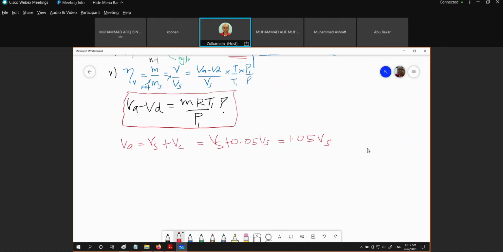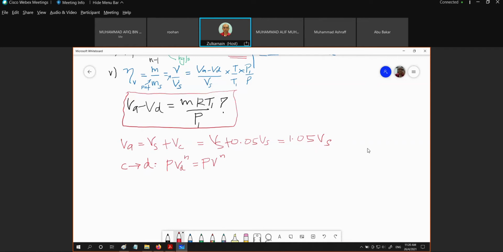Then we look at the re-expansion process from C to D. We have P V to the power of n equal to P V to the power of n. Sorry, we want to get the VD, so I need to put this as VD.